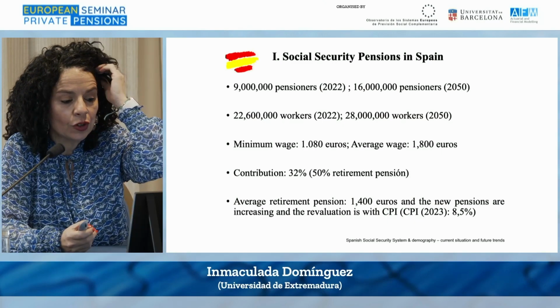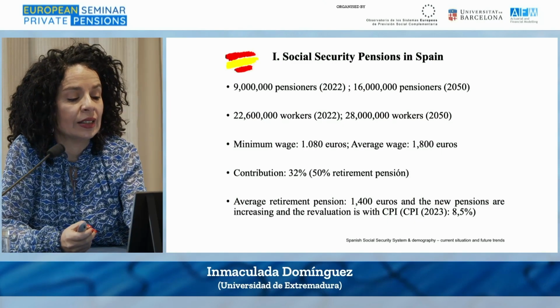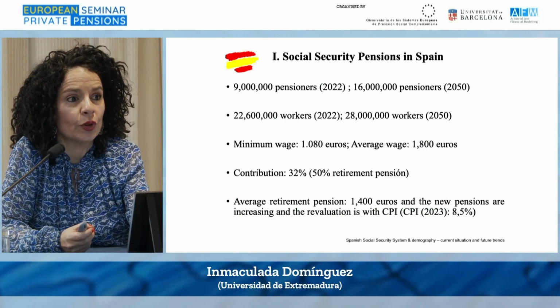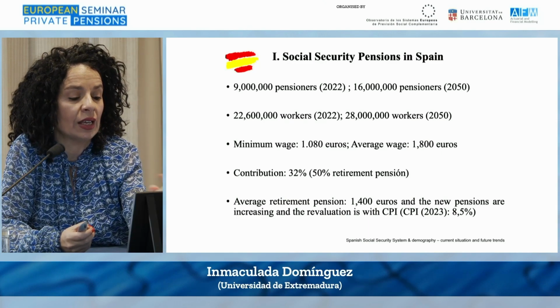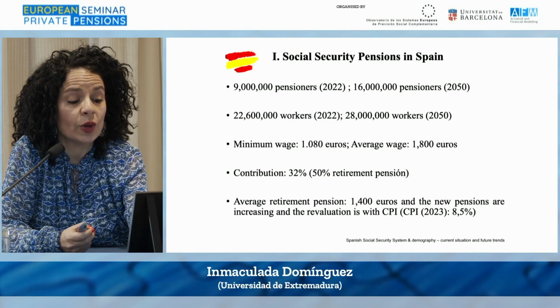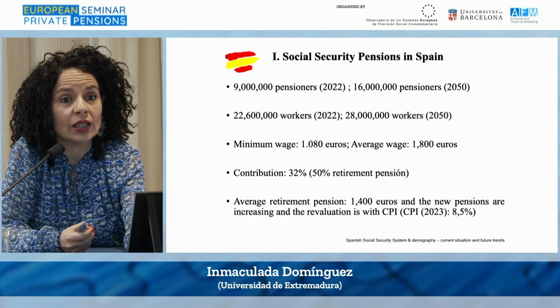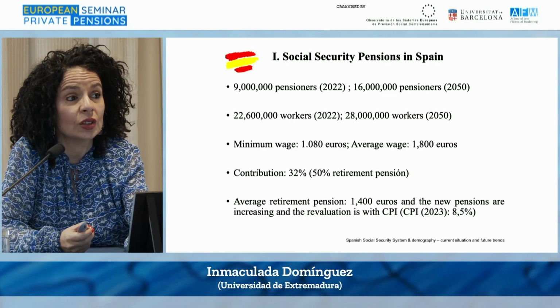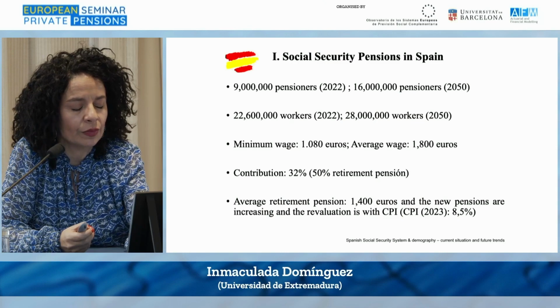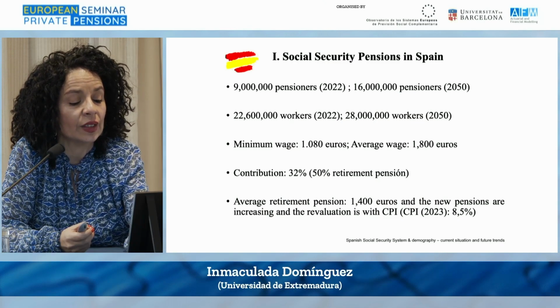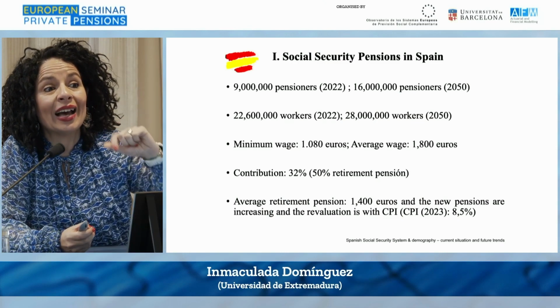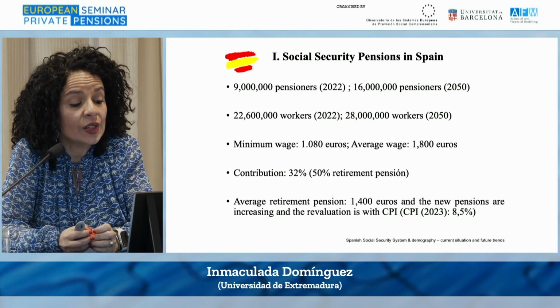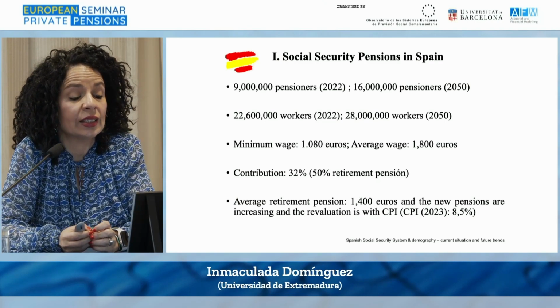On the other hand, the amount of the pension is very important, because the average wage is around 1,800 euros, but the pension is close to 1,400 euros. And we have another problem: we increase the pension with the CPI.